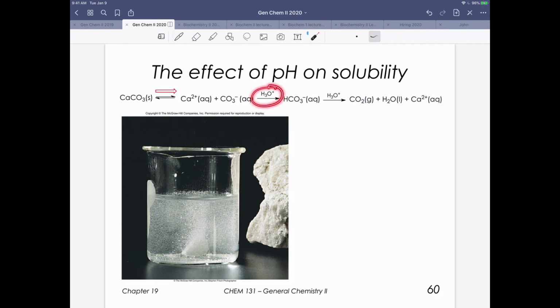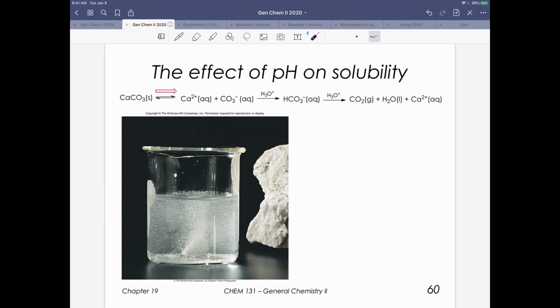If we acidify the solution, if we decrease the pH, if we add more acid to solution, what's going to happen is that acid is going to react with this conjugate base and generate the conjugate acid. What's really happening is we're pulling this out of solution, which means this equilibrium is going to shift to the right, which means we're increasing the solubility of this.